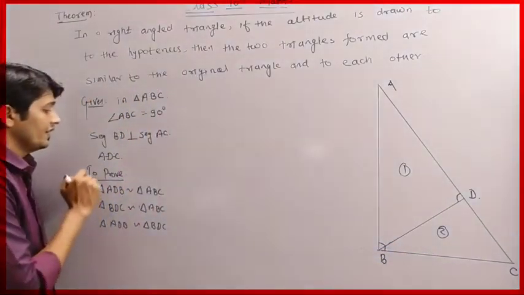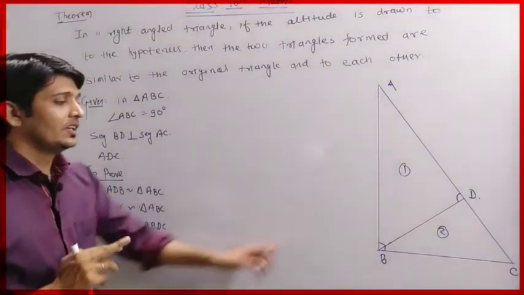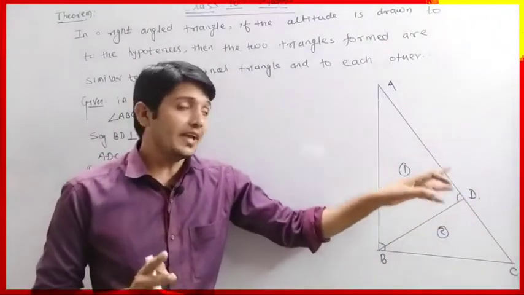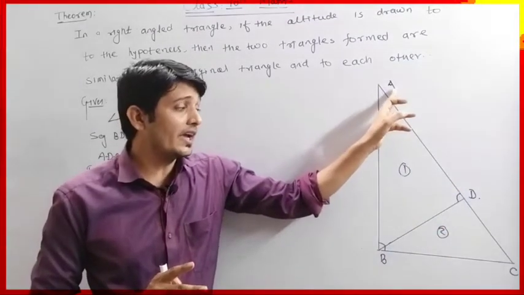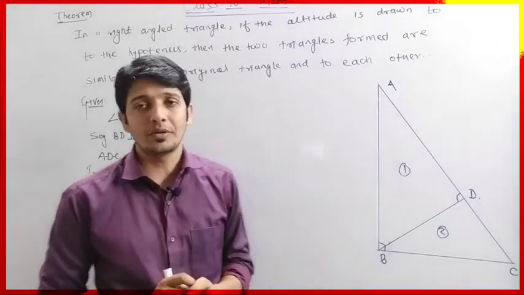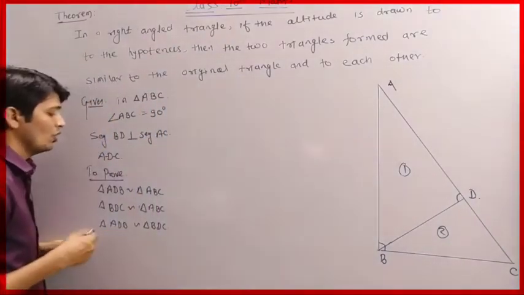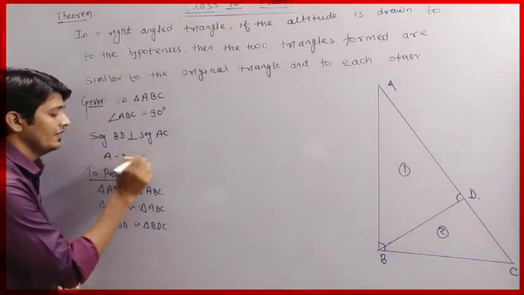Then again it is given that A-D-C, that means this D lies between A and C. So here on this line, A, D and C are collinear points. Okay, so we will write this in the collinear form: it is A, D and C.